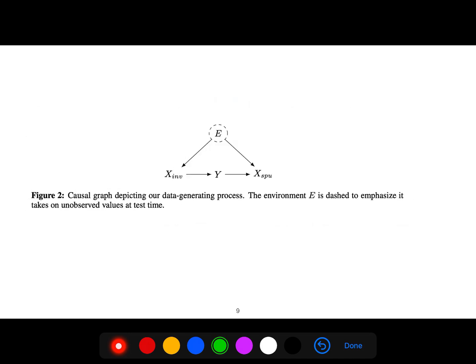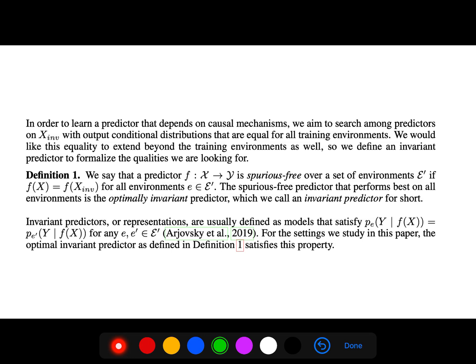So we see it as a causal graph, where the environment E is dashed to emphasize it takes on an unobserved value at test time. It affects both invariant features and the spurious features. We say that the predictor is a spurious phi over a set of environments if its value is the same for all environments.